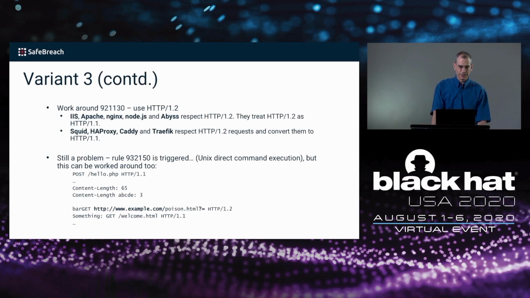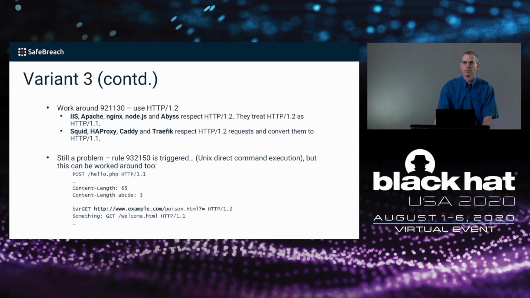As for the 130, the trick is to use HTTP 1.2 instead of HTTP 1.0 or 1.1. And as it happens, IIS, Apache, Nginx, Node.js, and Abyss respect HTTP 1.2, and they treat it as HTTP 1.1. And in the proxies, Squid, HAProxy, Caddy, and Traefik respect HTTP 1.2, but convert it into HTTP 1.1.